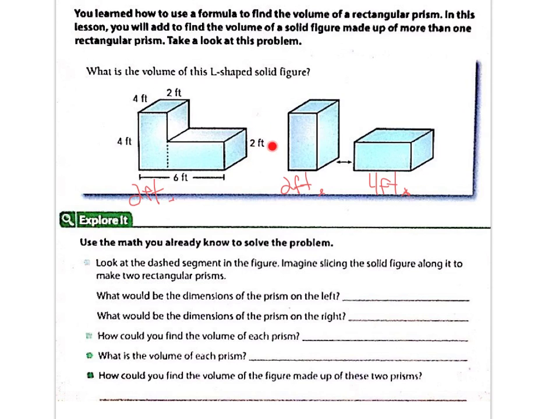So that 2 right there really goes with the height. This is the length. This is the height. There's the width right there. So we know this whole thing only goes back 4 feet. So both of our widths are going to be 4 feet. So I'm going to stick my width right here. It's kind of hard to fit it all in, but that's 4 feet, and that's 4 feet.